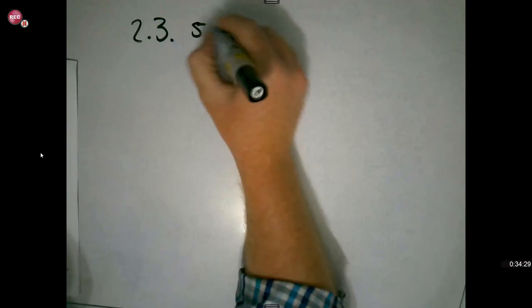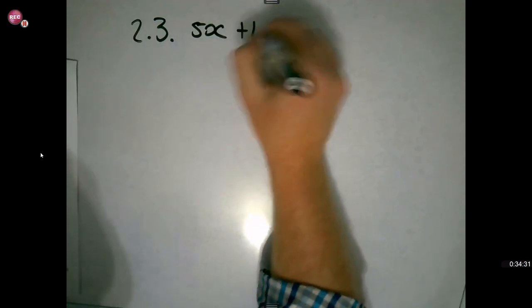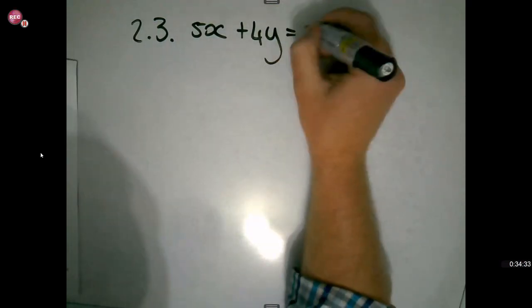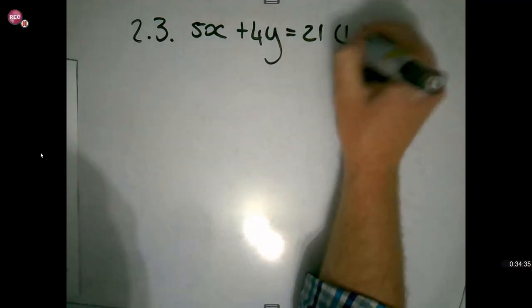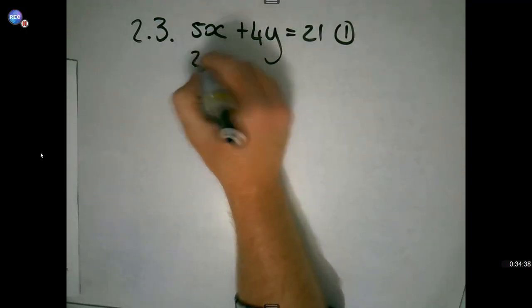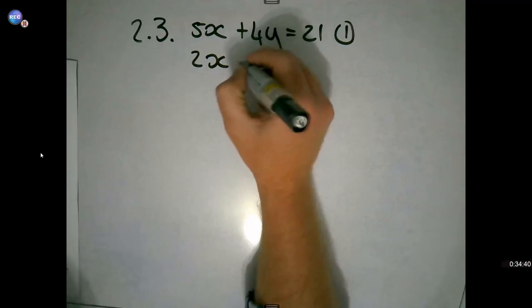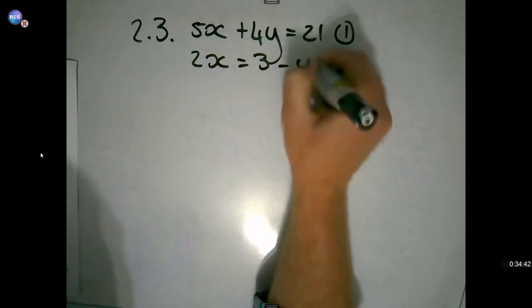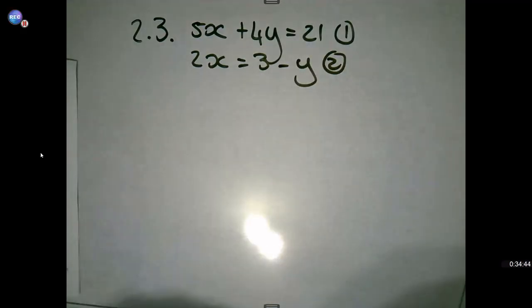First of all, I'm going to write the equations down for myself just to keep my sanity intact. That's equation 1. And then I've got 2x equals 3 minus y, equation number 2. There we go.